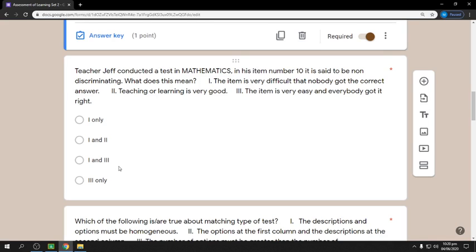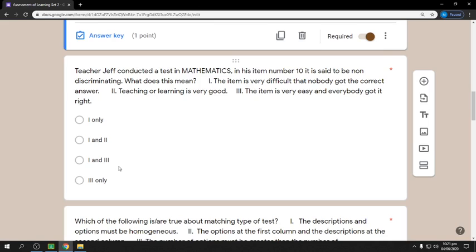3. The item is very easy and everybody got it right. So if everybody got the correct answer, which is quite the opposite of the first one, then you won't be able to differentiate the top 27% from the bottom 27%.